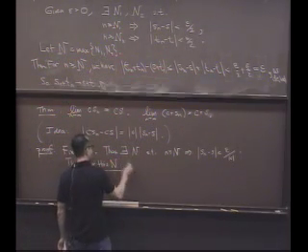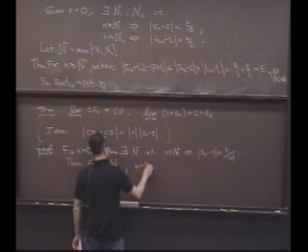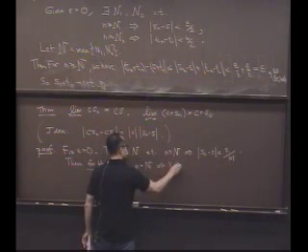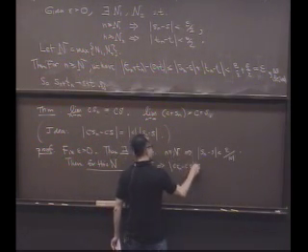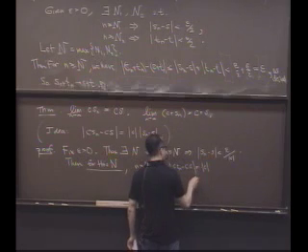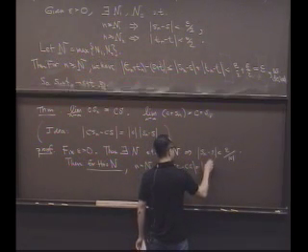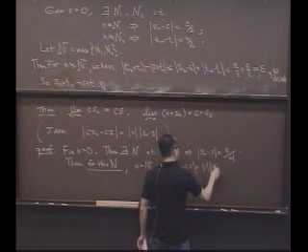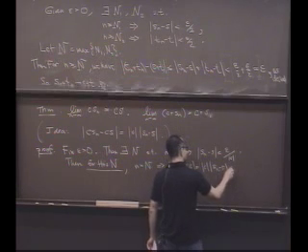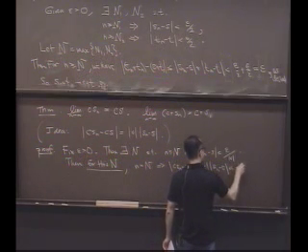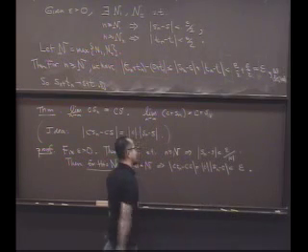We found an N that works. n bigger than big N implies CSn minus CS is equal to this, which is less than, you can finish it out, but it's less than epsilon because of the epsilon over C.